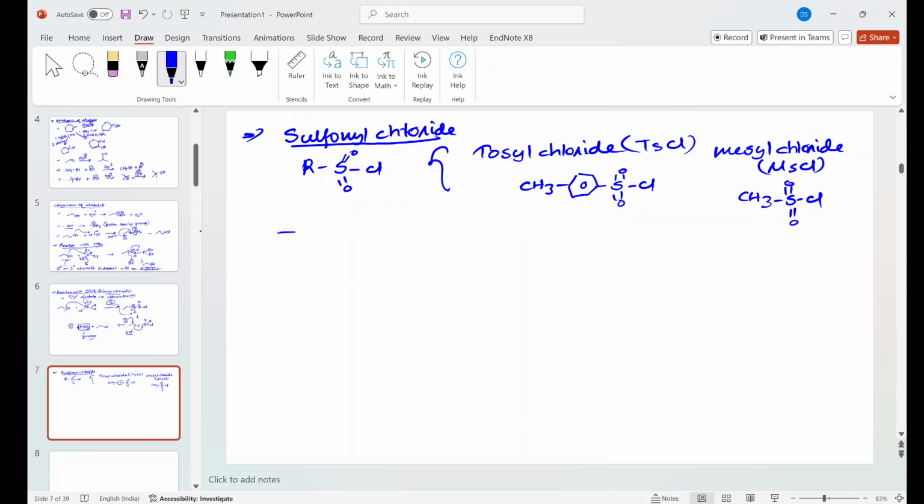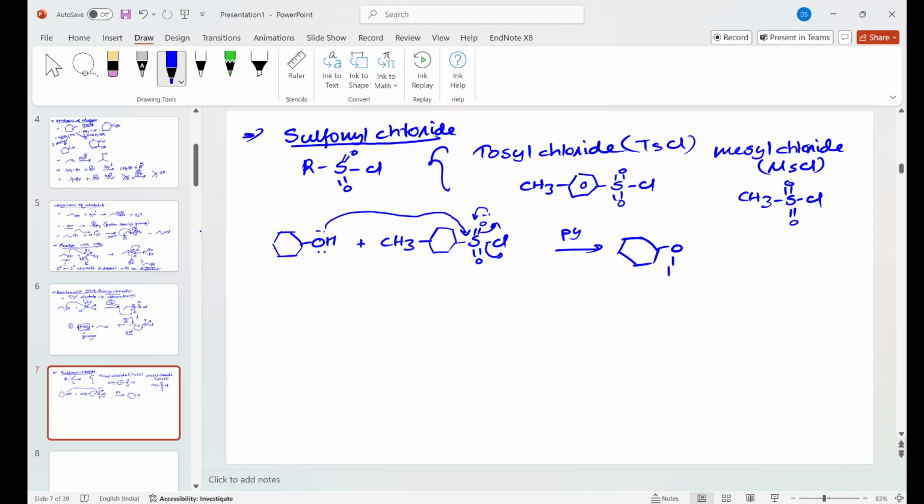So generally the reaction will go through like this. CH3. So we'll definitely have the pyridine here. Okay, it has to abstract the proton on the OH. So this OH then plus.